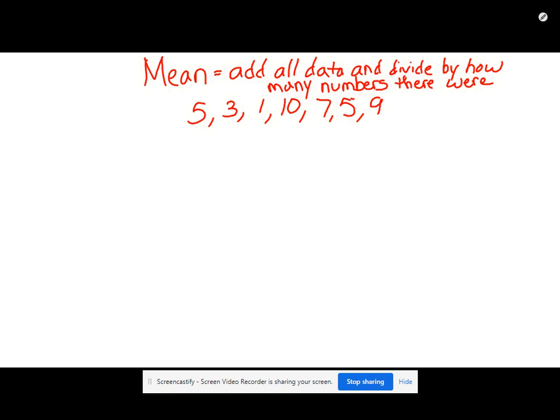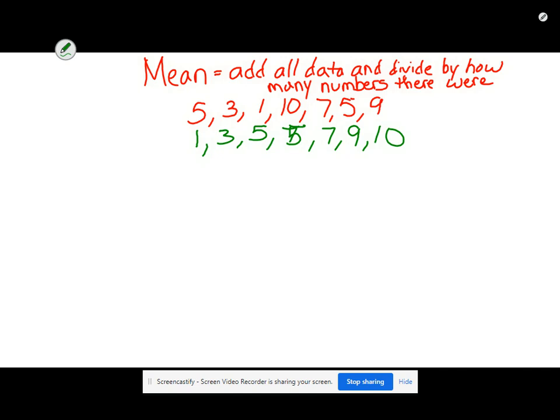What's the first thing I want to do when I get data, Gregory? I'm going to find the mean, median, and mode. What's the first thing I do? Put them in order. So we need to rewrite our numbers in order. So I have to rewrite those numbers.